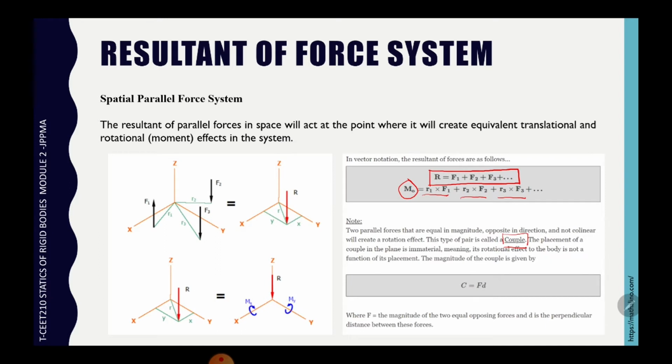The magnitude of the couple is given by C is equal to Ft, where F is the magnitude of the two equal opposing forces, and D is the perpendicular distance between these forces.